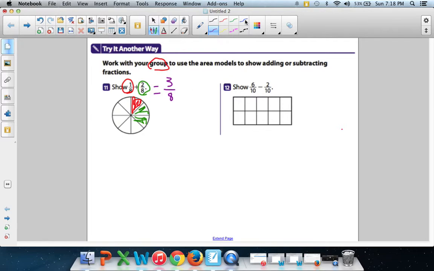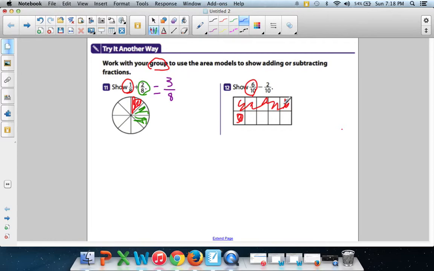Now let's do it again with this other shape. 6/10. This time it's going to be minus, so it's a little bit different. Let's shade 6/10. 1, 2, 3, 4, 5, 6. How can you use the area model to show subtraction? Let's draw a couple X's, like we're taking away.